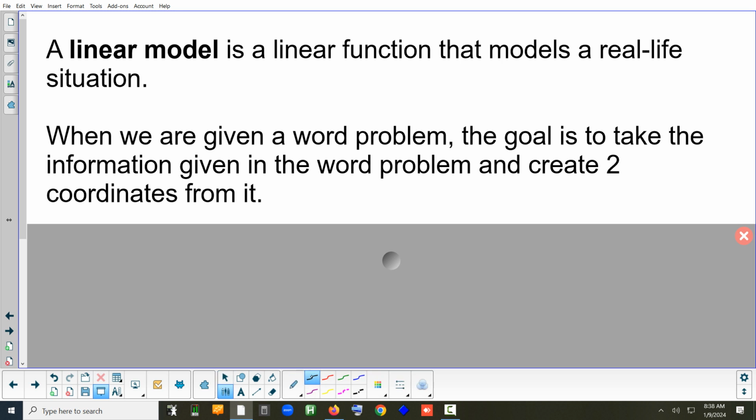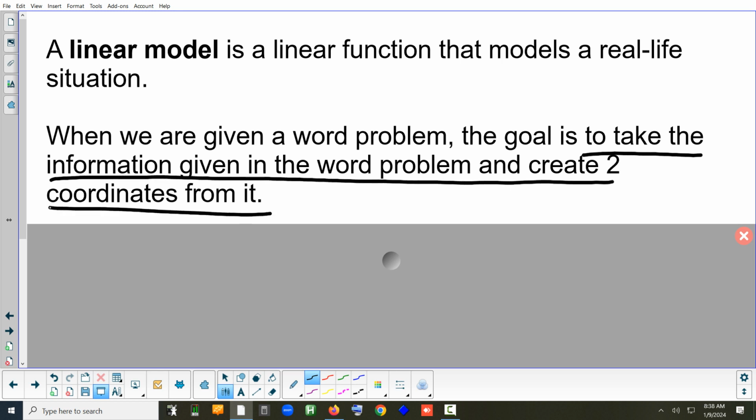The goal is to take the information and create two coordinates. If you want to just write what's underlined, it's a little quicker. So take the information and create two coordinates.